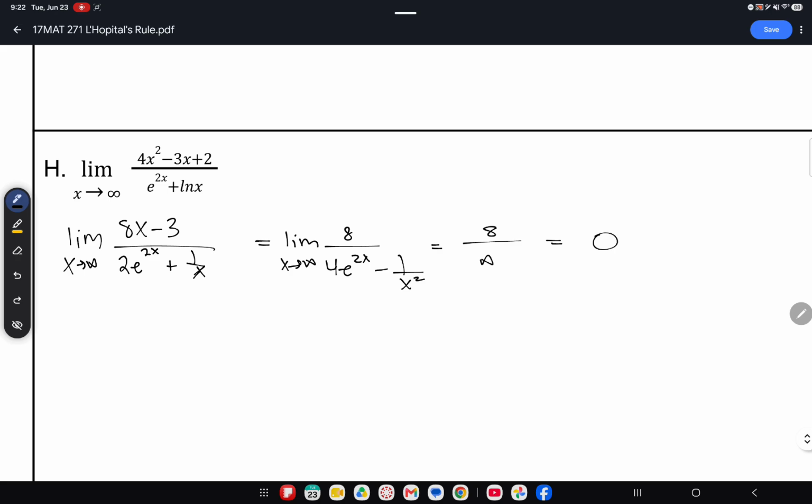So if we're going off to the infinities, we can look at the leading terms and see which one's growing faster. So look at leading terms and look at, I'll call it a hierarchy if I can spell.